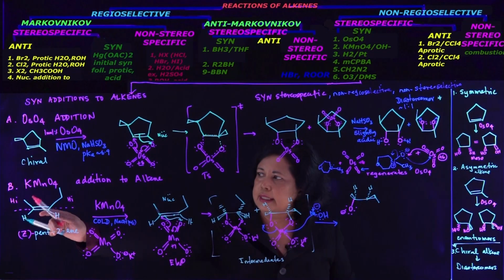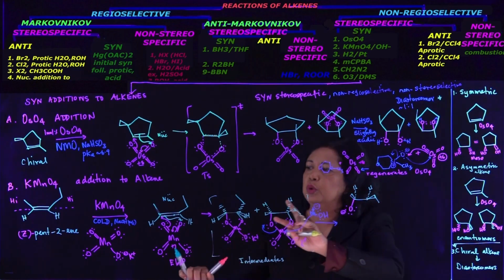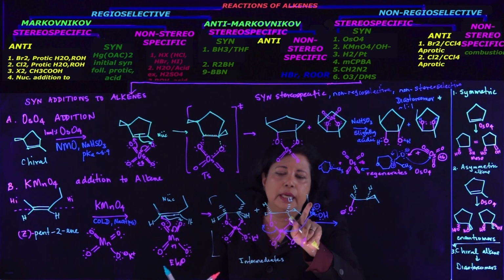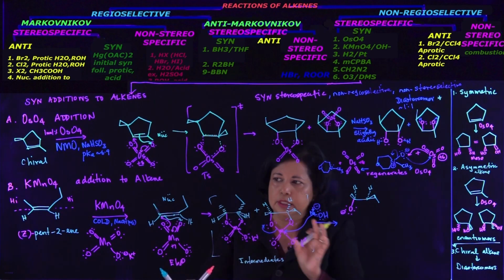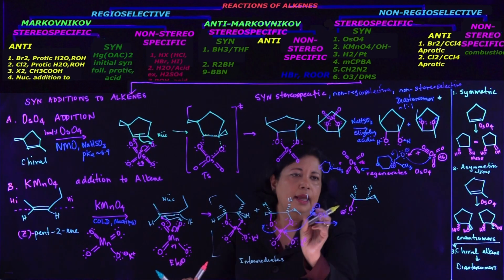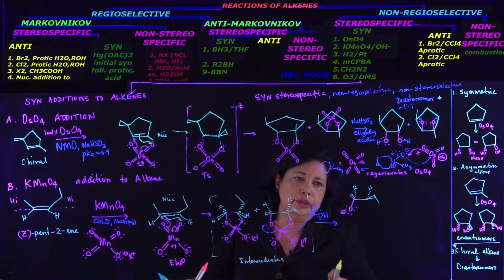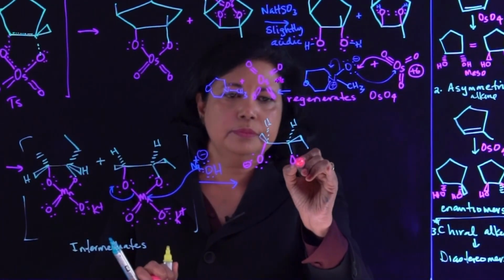You started with a cis or a Z, and you can see it's maintained. That's because nowhere here do we have a carbocation or a free swirling sigma. The sigma bond is always tied down by this manganese, and so you're preserving your stereochemistry here. It doesn't really go away all throughout.